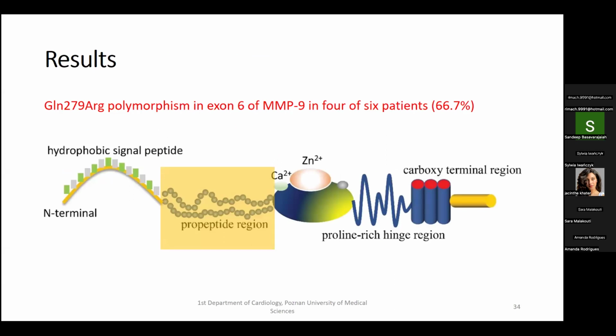We found some polymorphism in exon 6 of MMP9 in 4 of 6 patients, so about 60% of our patients had the same polymorphism. So it's very interesting.